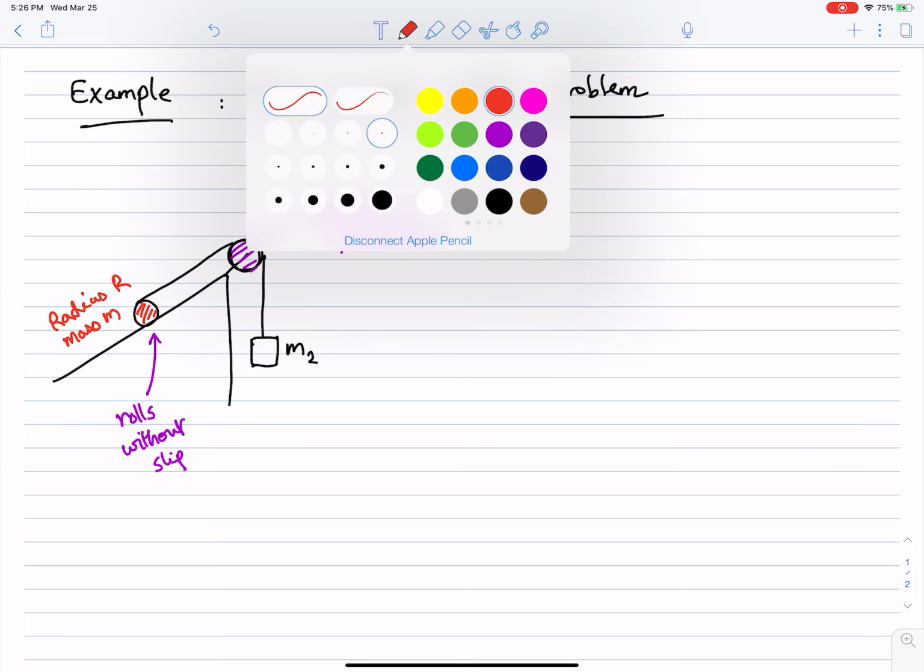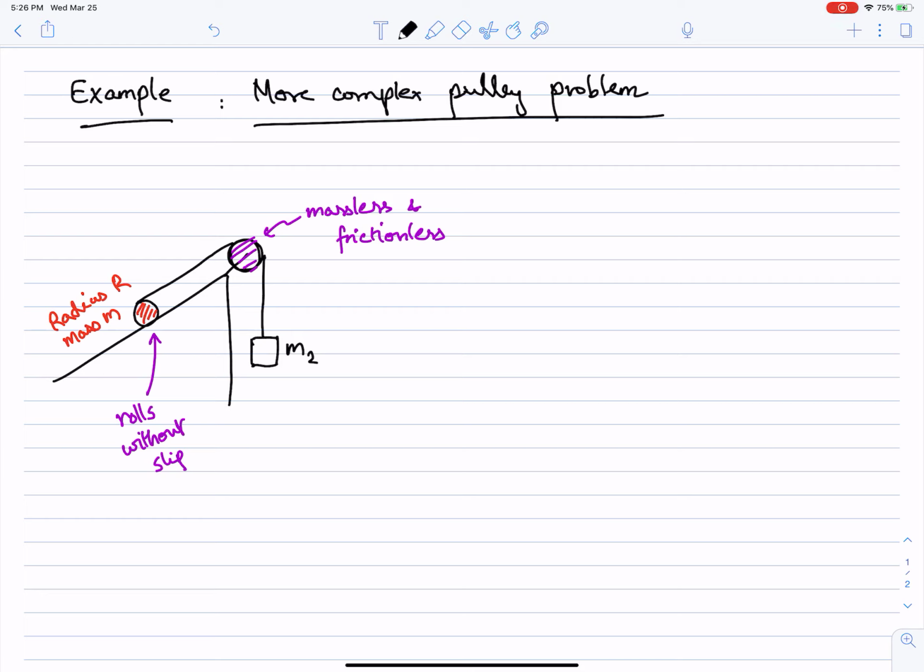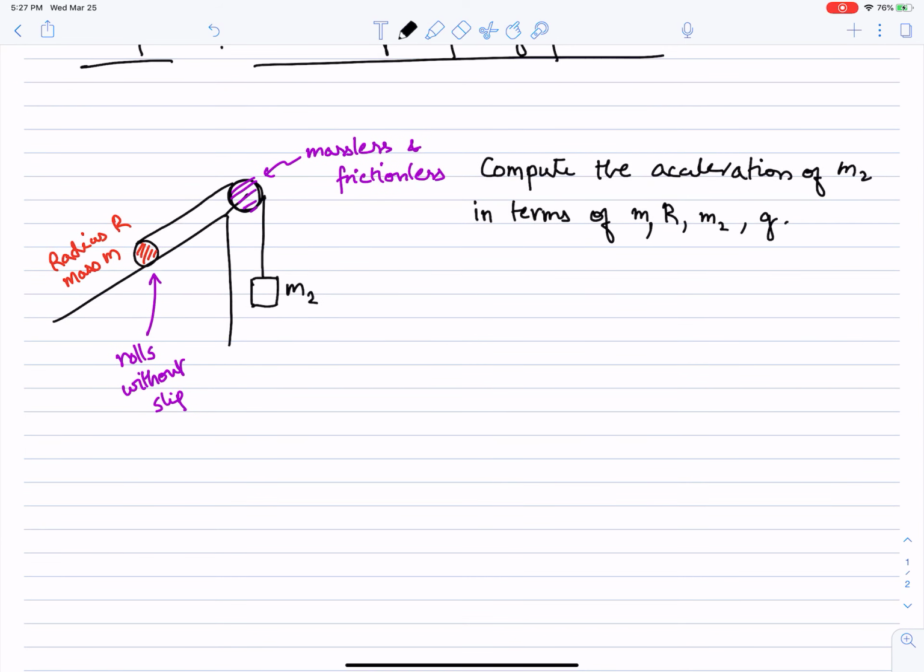That's the basic premise of the problem, and you're asked to compute the acceleration of M2 in terms of all the given quantities, in terms of M, R, M2, G, and really I suppose that's about it.